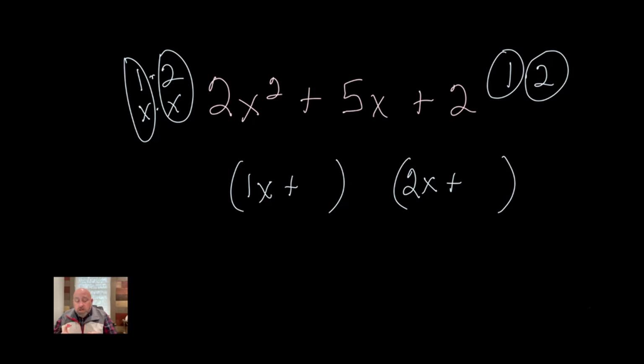I don't know which one goes where, but it does matter, because notice if we put the 1 in here and the 2 in here, when we do our FOIL, we're only doing the O and the I, but we're going to end up with different middle terms. It's going to change based on which one we put where.